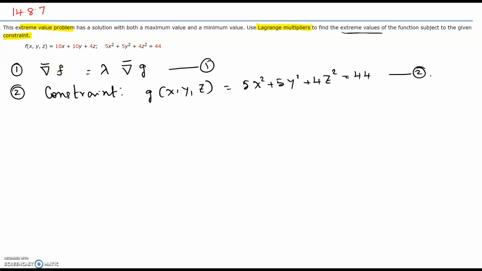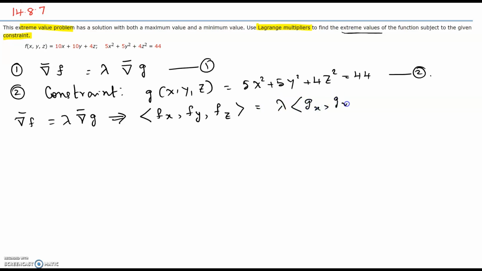Now let's consider equation 1. Gradient f equal to lambda times gradient g, which means it will be f sub x, f sub y, f sub z equal to lambda times g sub x, g sub y, g sub z, partial derivative with respect to x, y and z.